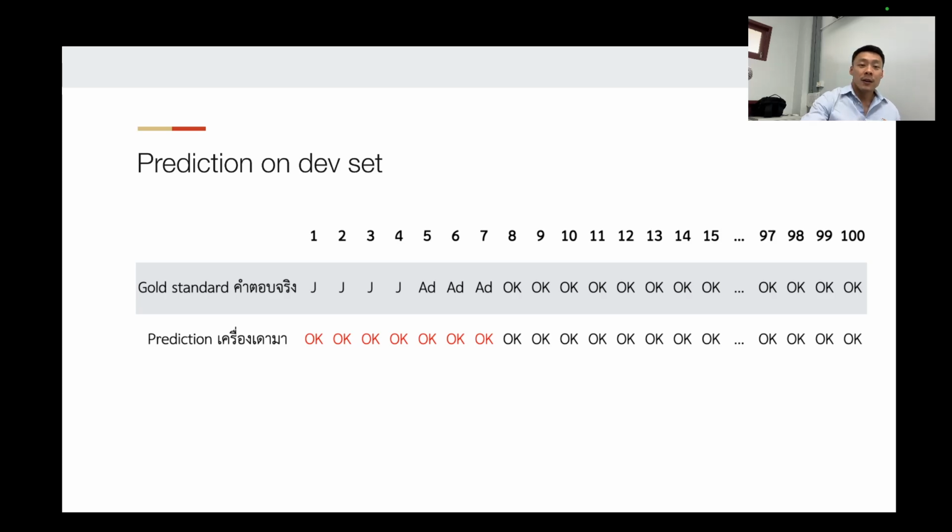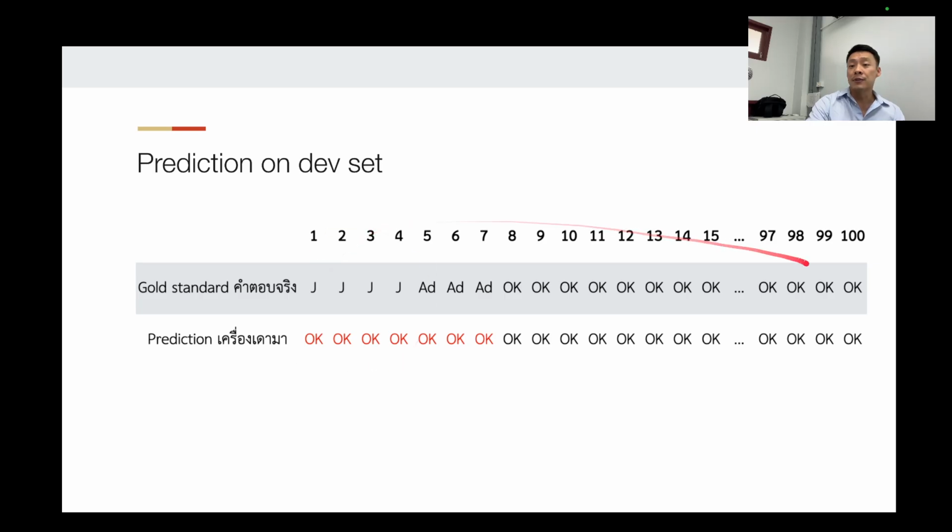You have something called the gold standard, which is the actual label in your dev set. We call it gold standard, not golden, as in it's the standard that we can rely on. You compare it against the prediction, which is what the system gives you.